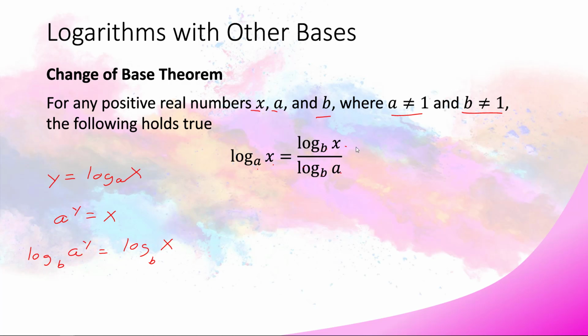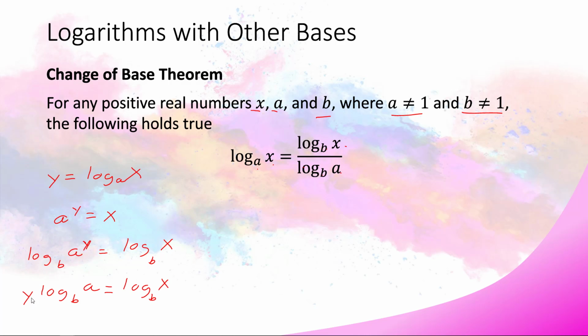So we have this, so that's kind of helpful. And now we have basically the log of something raised to a certain power. So we can use our power property and rewrite this as y times the log base b of a. And of course that is still equal to the log base b of x.